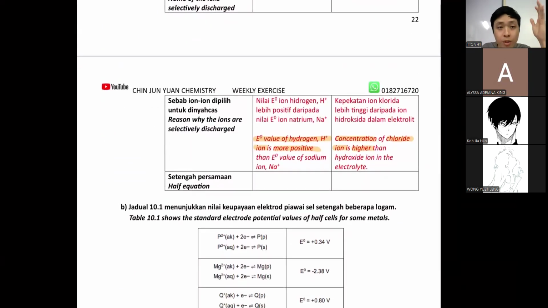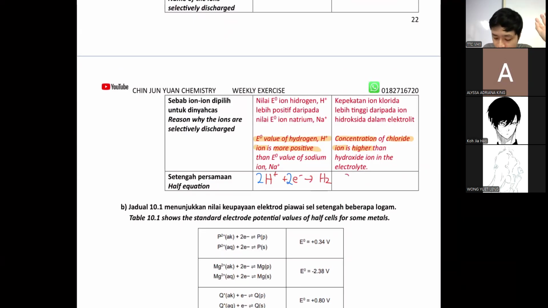Can, half equation. H+ receive electron become H2. Balancing 2 hydrogen, so times 2 for H+, 2 positive, electron also got 2.